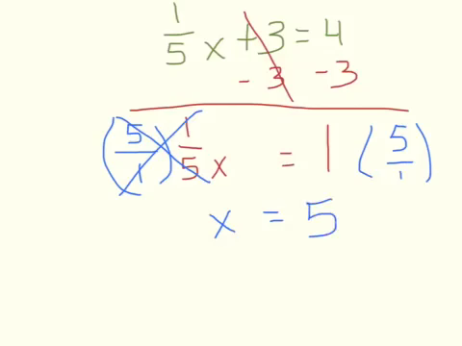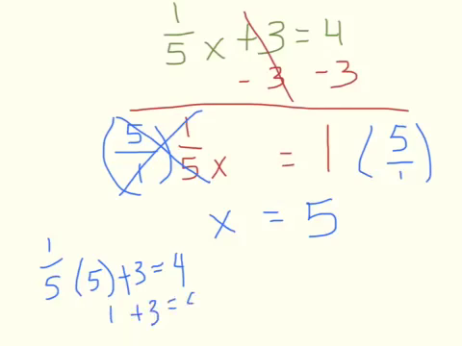Okay? So, plug it back in and make sure that you're right. 1/5 times 5 plus 3 equals 4. 1/5 times 5 is 1 plus 3 does equal 4. So our answer should check.